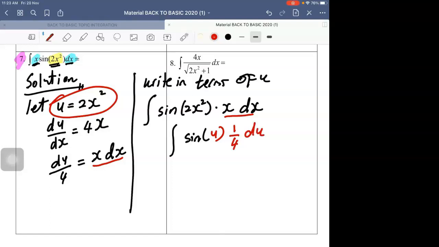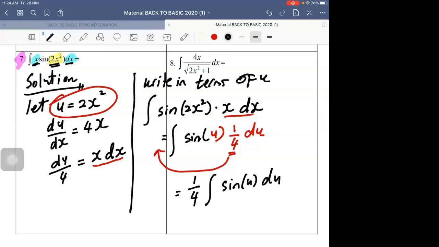So this is a constant, so we bring the constant outside, so that it is easy for us to proceed with the integration. So 1 over 4 integral of sine u du. So what do you get? Integrate sine u du. What should be the solution?